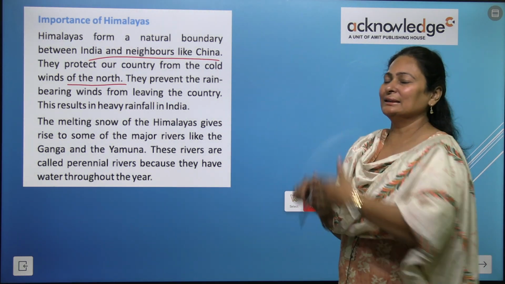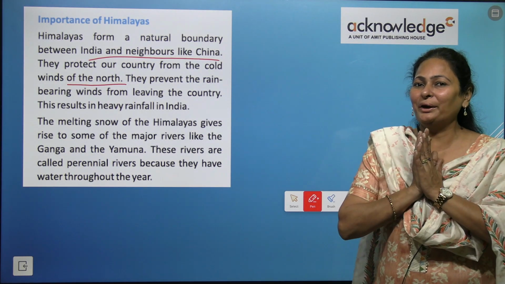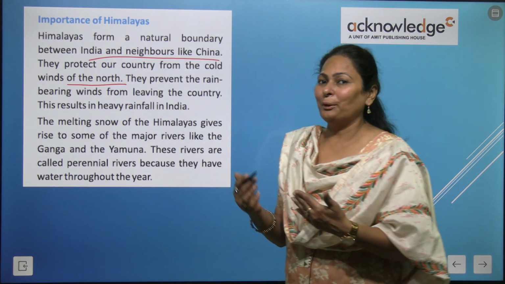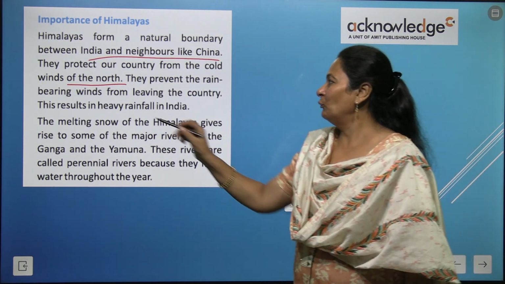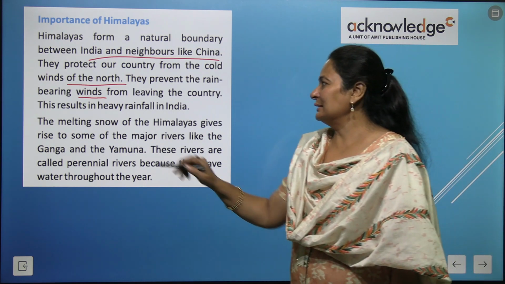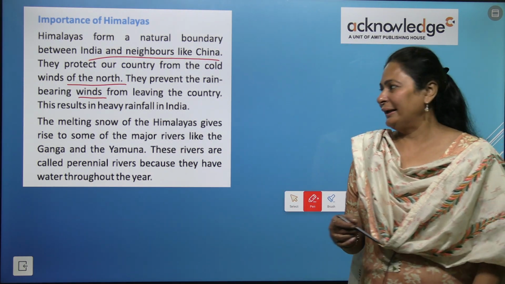So this is the natural border, and it protects us from the cold wind and also prevents the rain-bearing winds from leaving the country. The result is heavy rainfall in India.